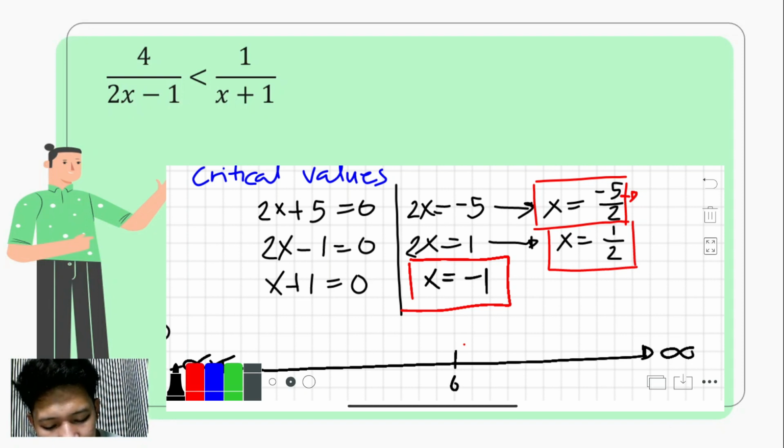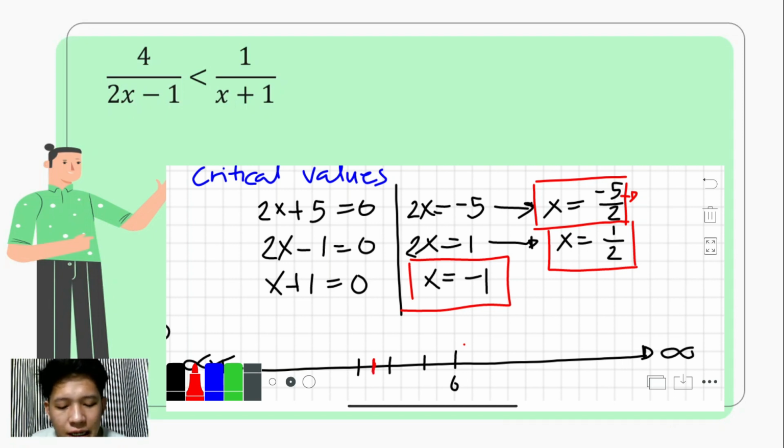Okay, so we have here negative 1, negative 2, negative 3. If this is negative 2 and this is negative 3, then negative 2.5 would be somewhere here. Okay, so nandito po yung ating negative 2.5. And then we have here 1/2. So check na po yung ating first critical value.